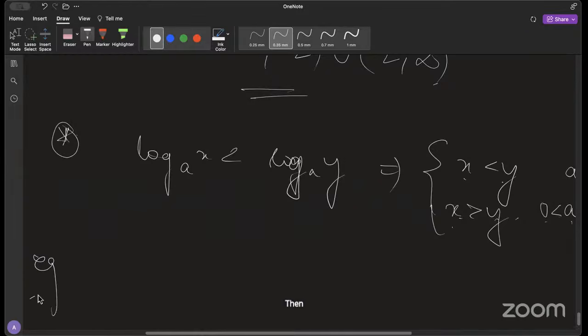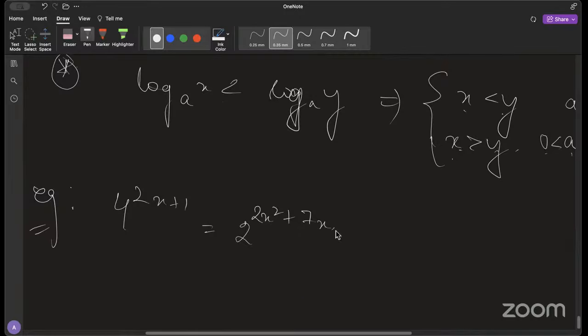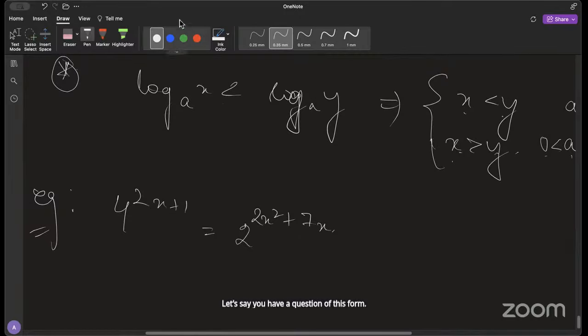Then let's do some other kind of questions that you might find in the portal. Let's solve this one. Let's say you have a question of this form. To solve these kinds of questions, all you have to do is take natural log on both sides.